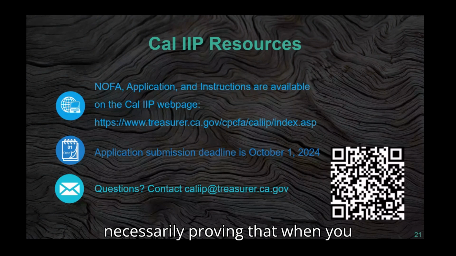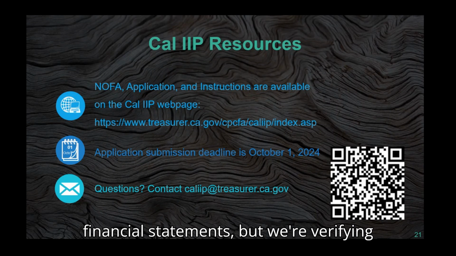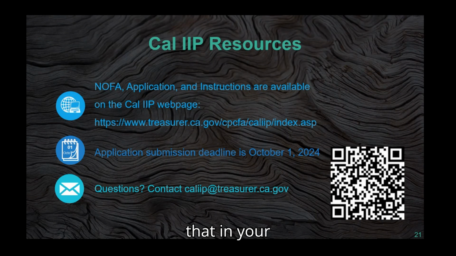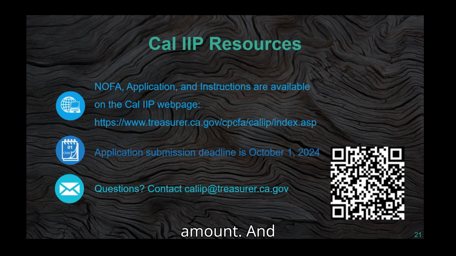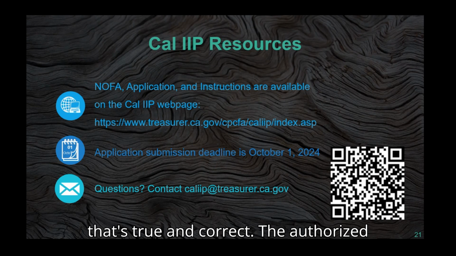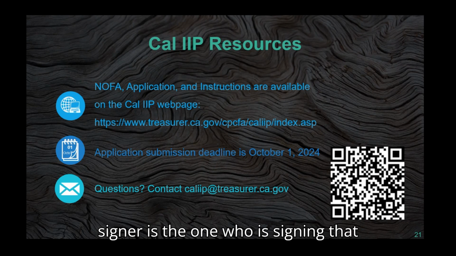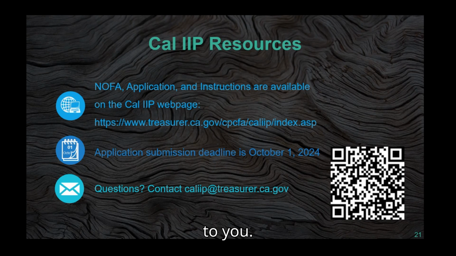We're verifying that in your annual reports. Not necessarily when you are applying; in the application, you're just identifying the amount and what's been expended from the total amount, and then you're certifying that that's true and correct. The authorized signer is the one who is signing that. It's included in the certification. And if we have any questions, we'll reach out to you.